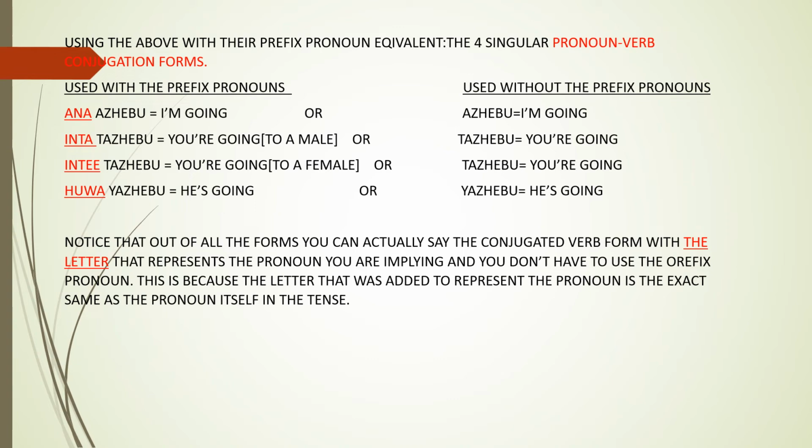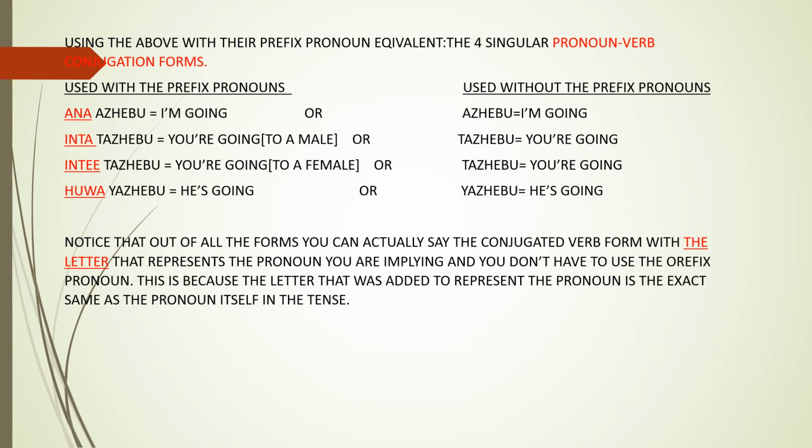So now we have the next prefix pronoun, hua, and hua means he or he is. Notice that you put a Y at the beginning of the base form of the verb to mean he's doing the act. So you can say hua yazhibu, and that means he's going. But over here on the right, I have it without the actual prefix pronoun. You could very well say yazhibu.